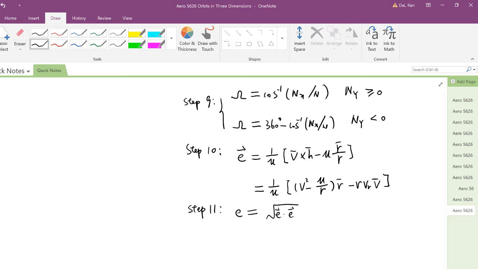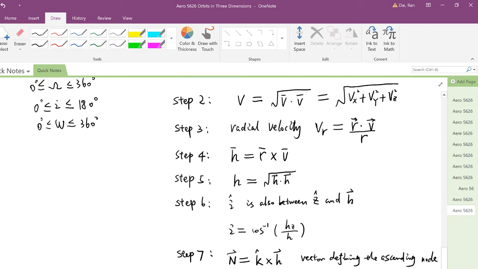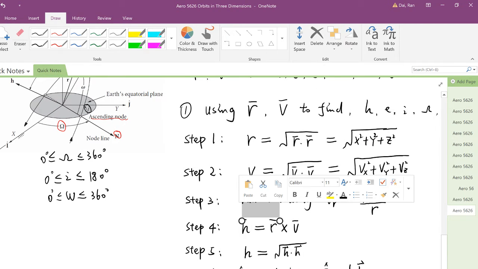So now you see, let's check. It seems that we already have 4 elements so far. The only 2 elements that have not been identified are the argument of perigee and the true anomaly. And we can find the argument of perigee again. Argument of perigee is similar to the omega.